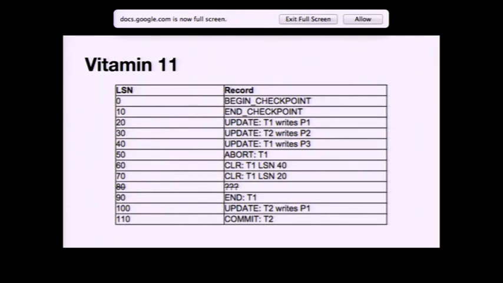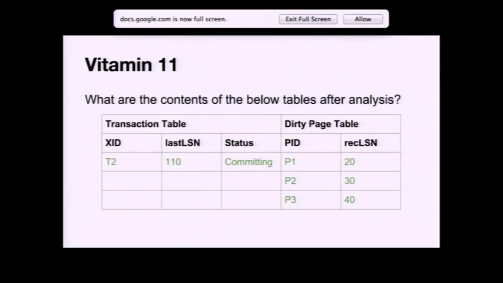And we started committing that, but didn't quite finish yet. So T2 is going to be in the transaction table with the last LSN 110. That was where we left off. Its status is committing because it is in the process of committing. The status can be running, aborting, or committing.